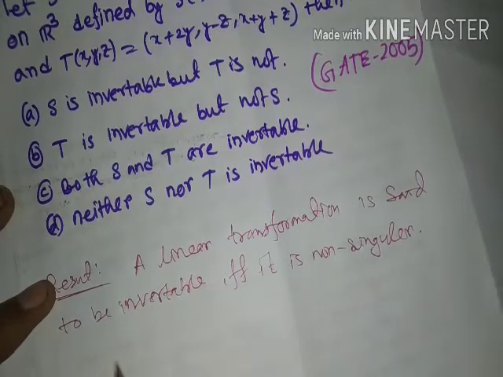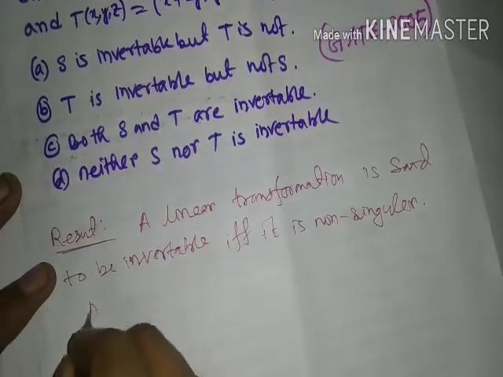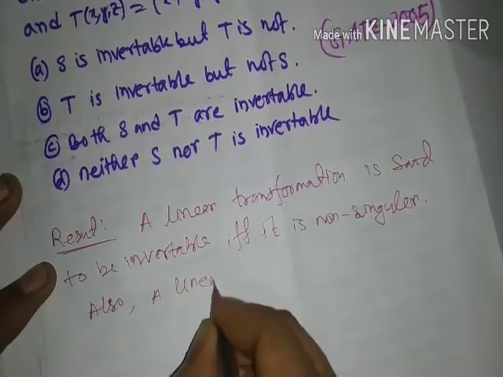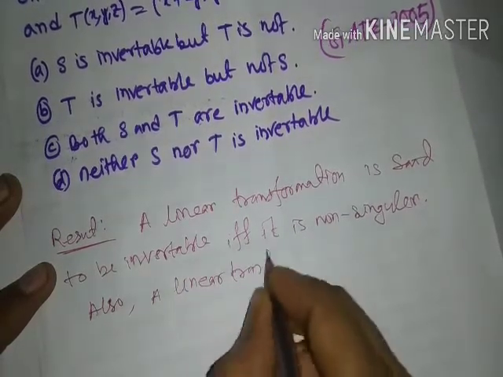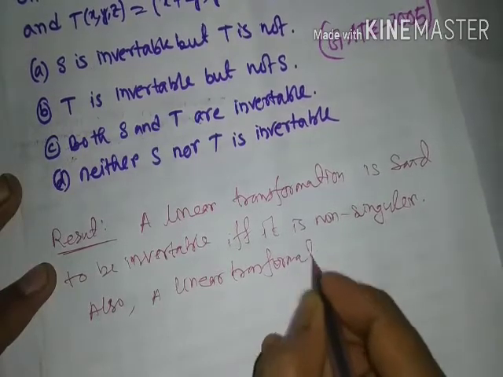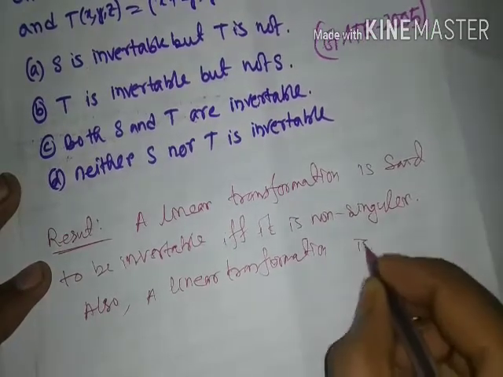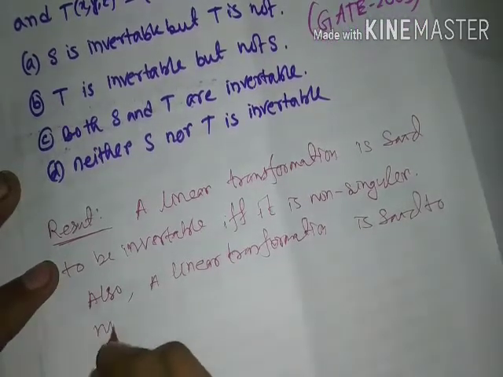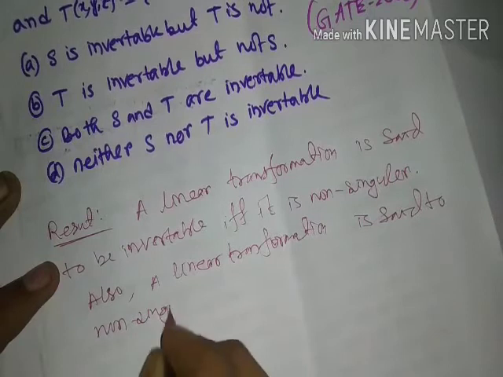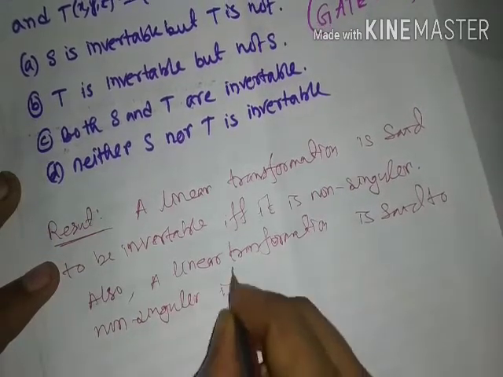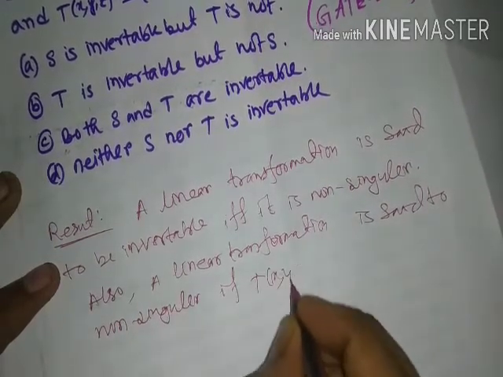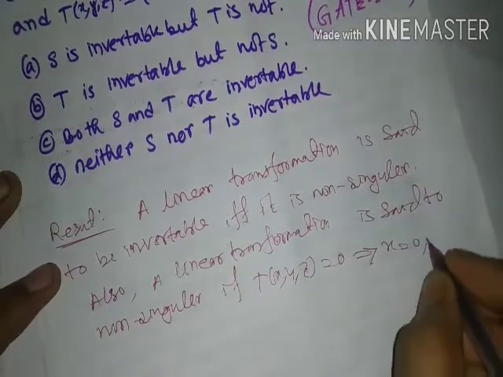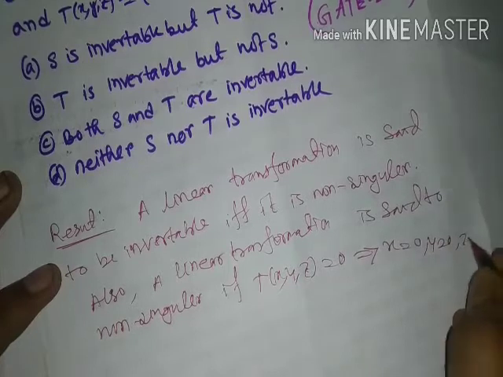Also, a linear transformation T is said to be non-singular if T of x, y, z equal to 0 implies x equal to 0, y equal to 0 and z equal to 0.